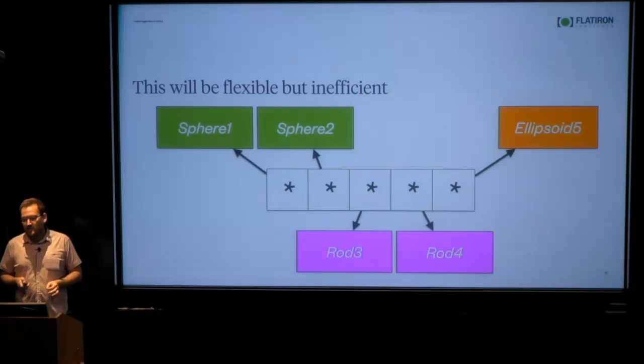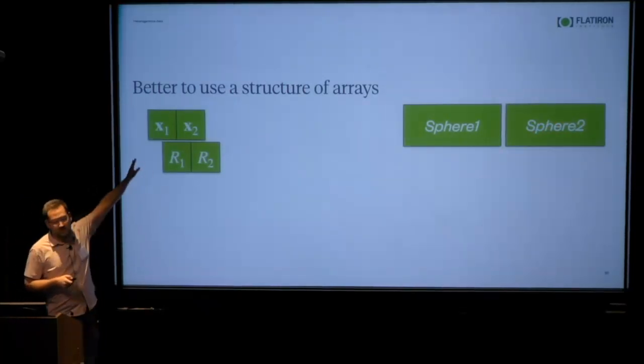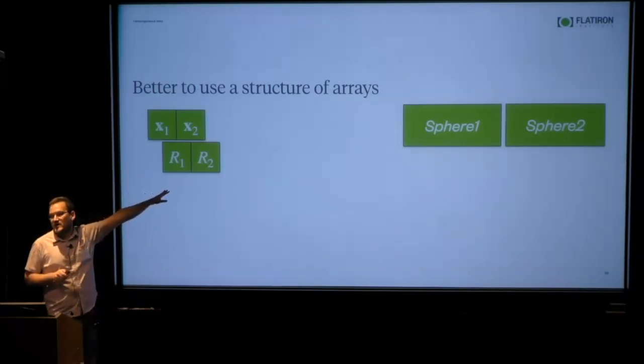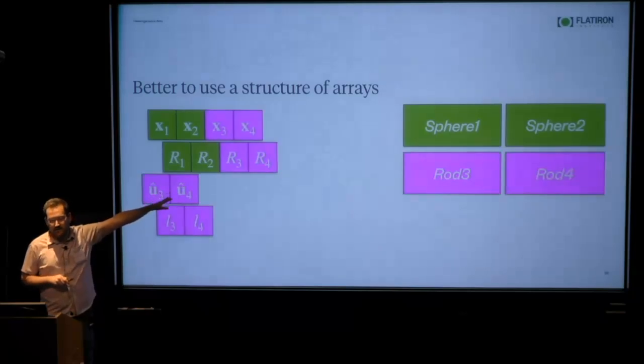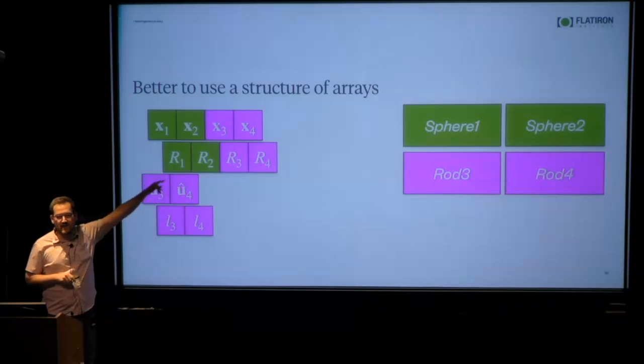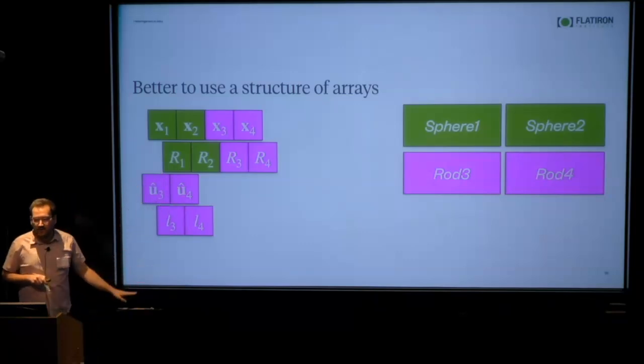So instead, what we chose is to do the opposite, which Steve also brought up, which is the structure of arrays. So for sphere 1 and 2, we know that we have these variables, x1, and so we have their positions, we have their radii. And for the rods, some of the fields are actually shared. So if we had something that allowed us to say, oh, rod 3 and 4, they have center of mass positions, they also have radii, but also then keep track of the orientation and length, that would be really good.